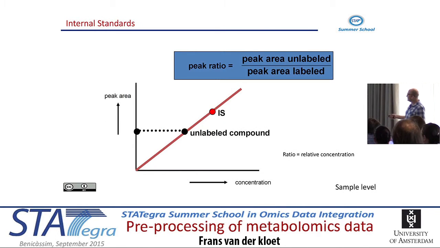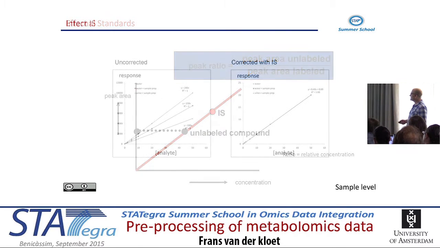So what was the idea? Well, the ratio is my relative concentration, and it's my peak area unlabeled, so my compound, divided by my internal standard. And what is the idea?